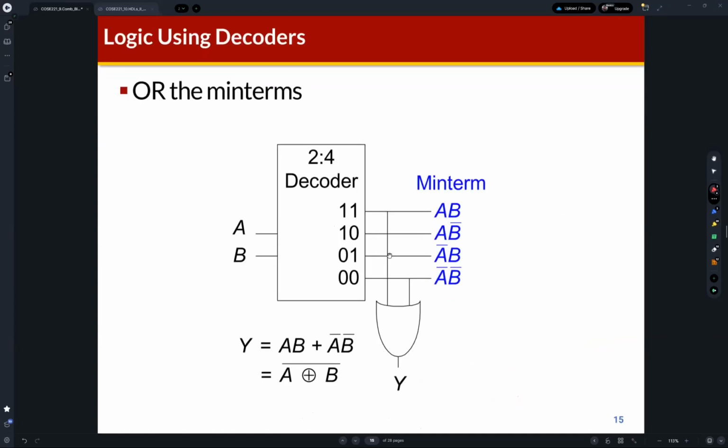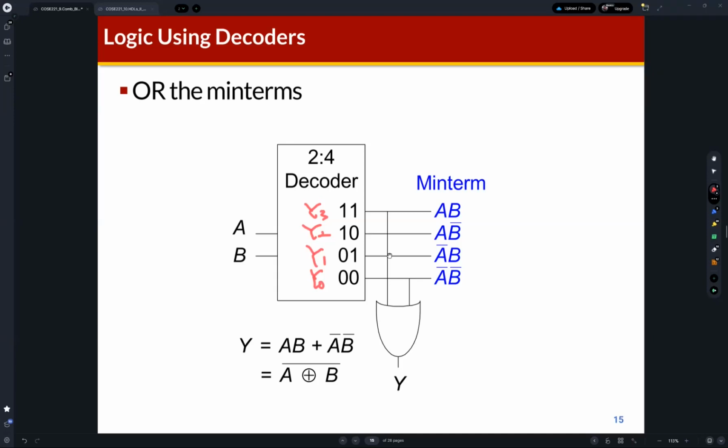It is because each output, Y0, Y1, Y2, and Y3, is just a minterm of A and B. So we can also build simple combinational logic using decoders, because when we build a decoder, the 4 output values cover all possible values of the input values like A and B. So the output ports Y include all minterms of the input signals.